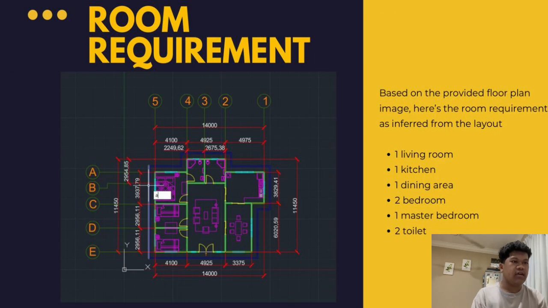This is the room requirement as inferred from the layout: one living room, one kitchen, one dining room, two bedrooms, one master bedroom, and two toilets, as you can see in the picture.